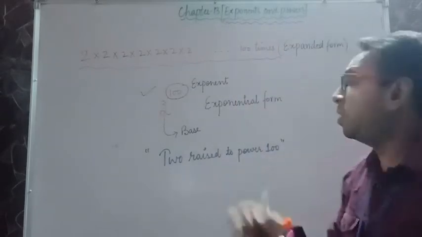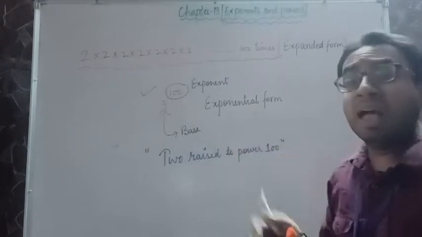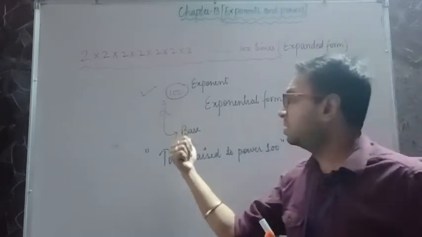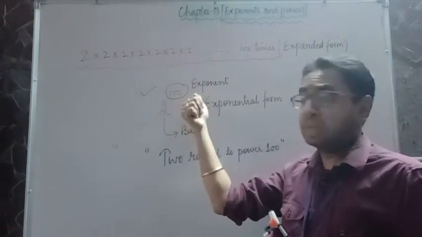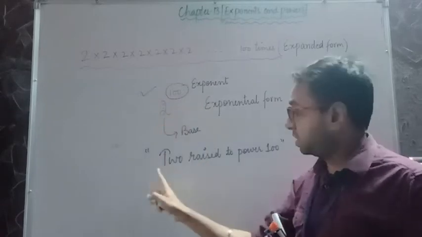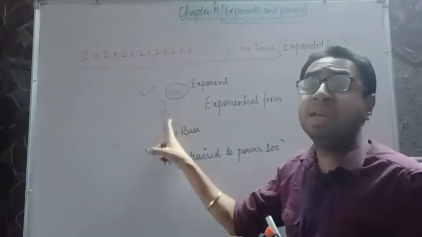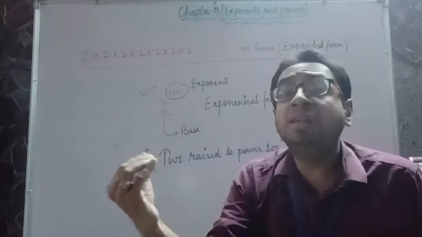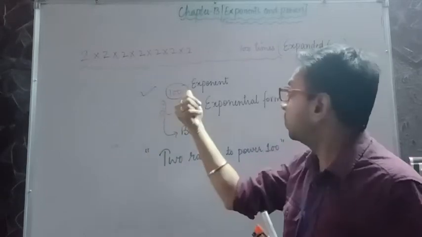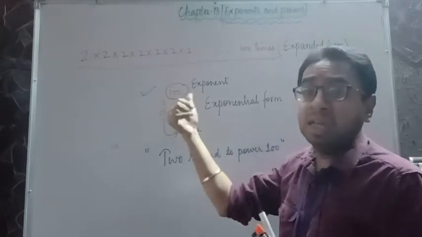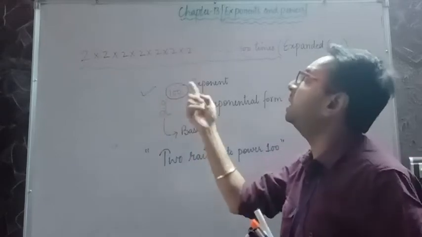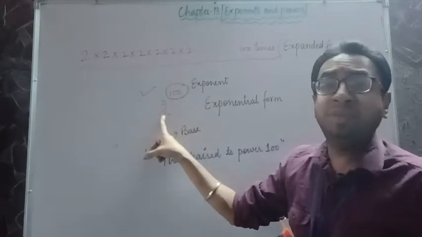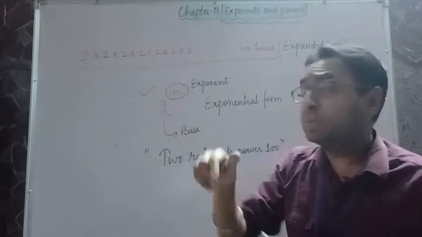Any number in exponential form has two things with it. One is base, another is exponent. Anything raised, this anything is called base because it decides the factor. It's a deciding factor, and this exponent decides how many times this base will be represented. So what is exponent?